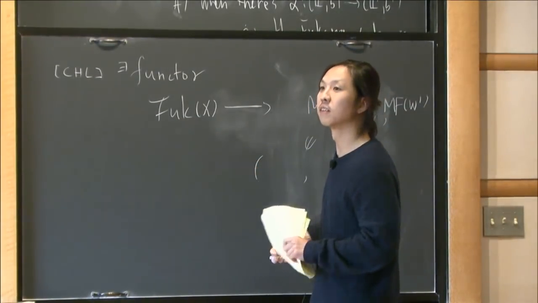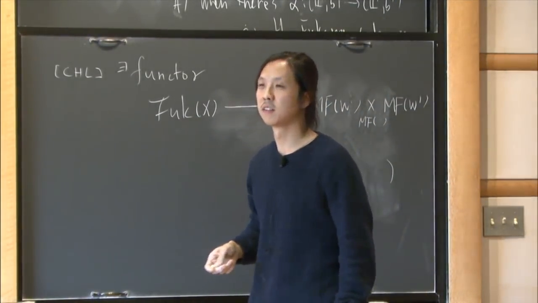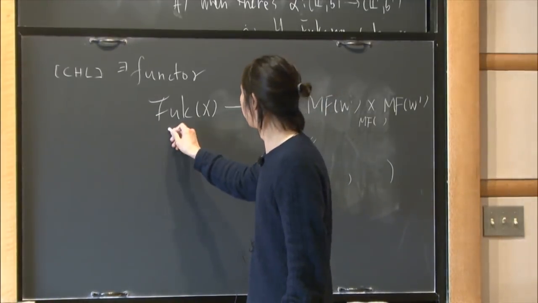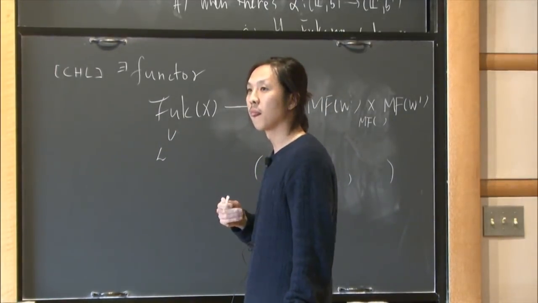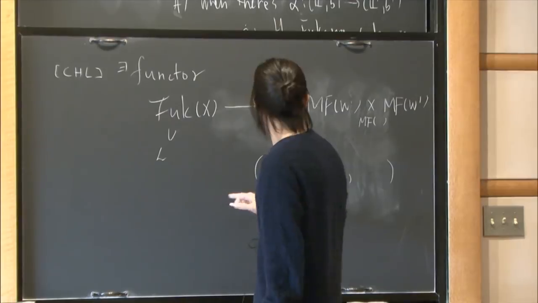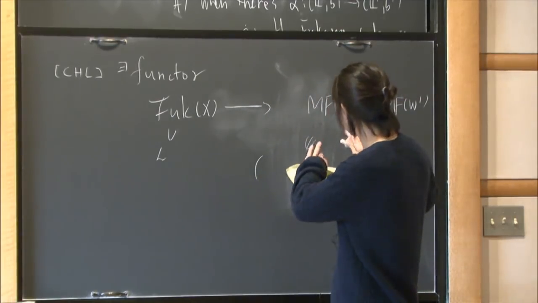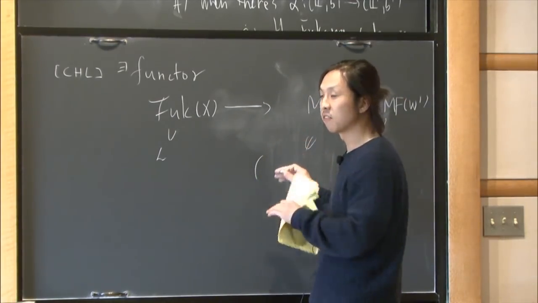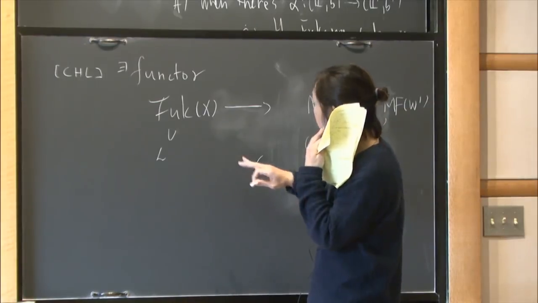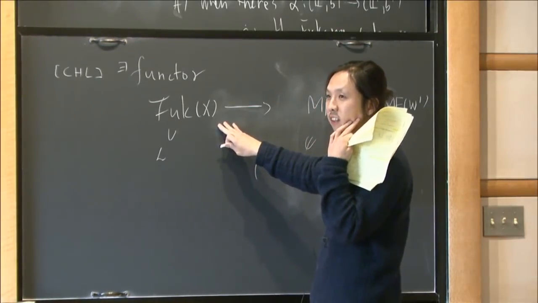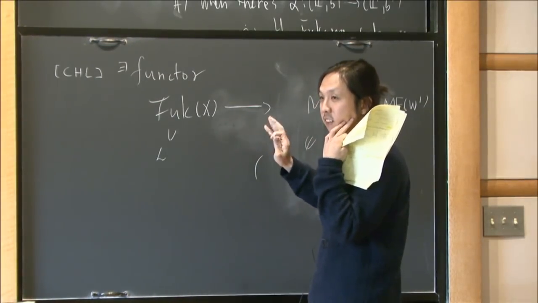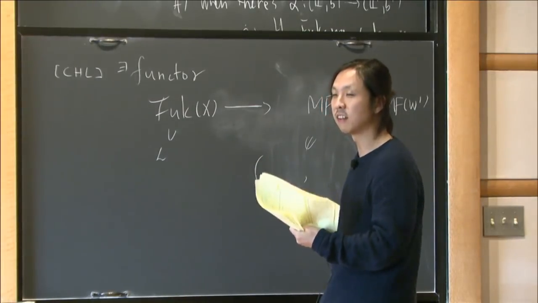So the L's are compact Lagrangians? Not necessarily exact or anything? It depends on the setting, but in these statements, I want to keep the usual Fukaya-style category, compact and spin, relatively spin.